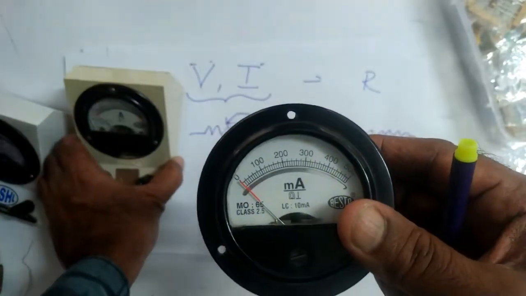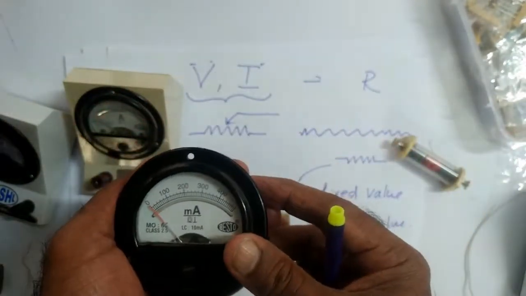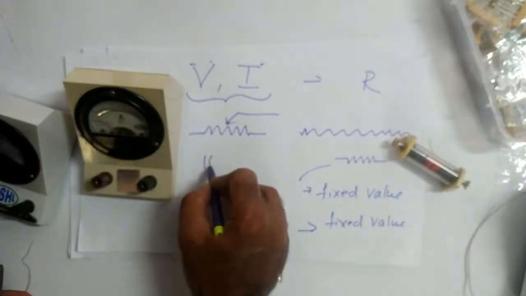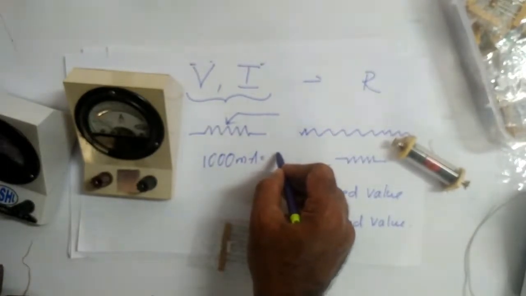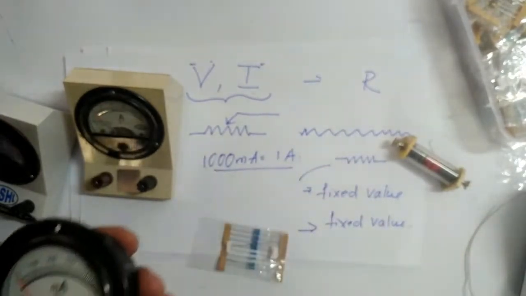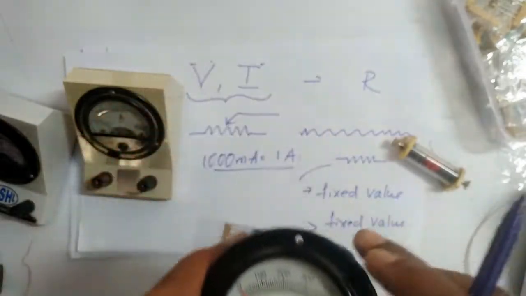Okay, now how many milliampere is equal to 1 ampere? Remember this, 1000 milliampere is equal to 1 ampere. This is the relation between ampere and milliampere.